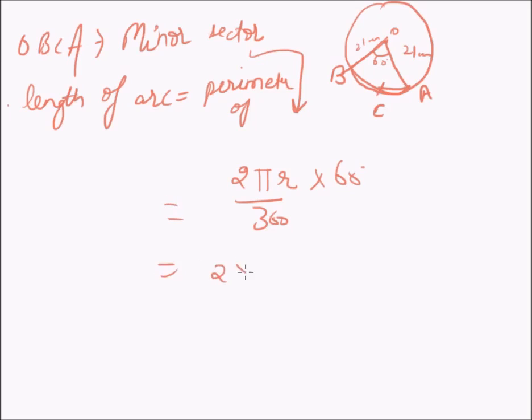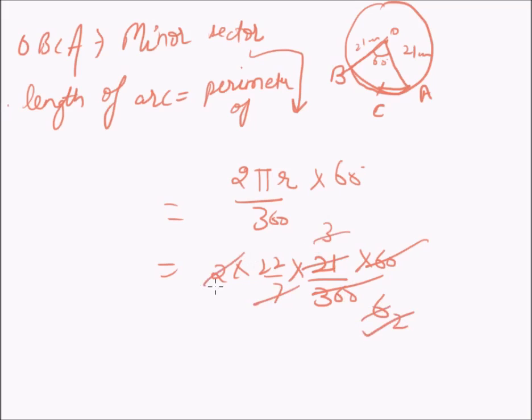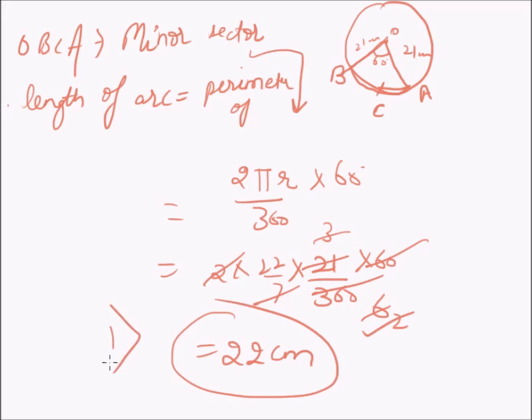So it will be 2 into 22 over 7 into 21 over 360 into 60. This will be simplified as 22 centimeters. So this is the required first answer of the question.